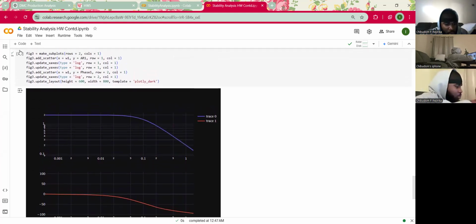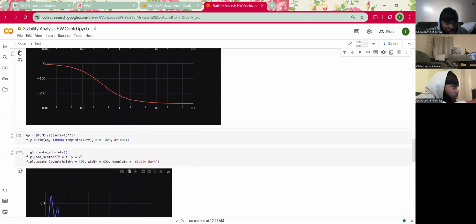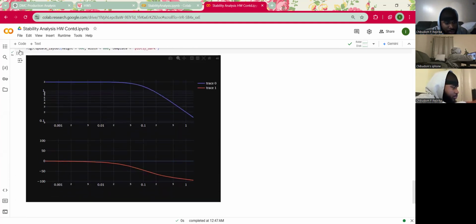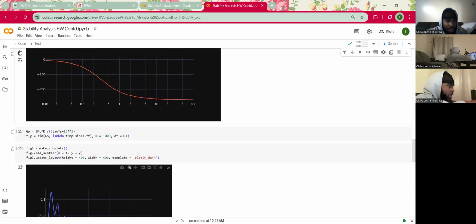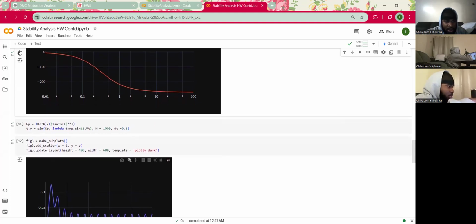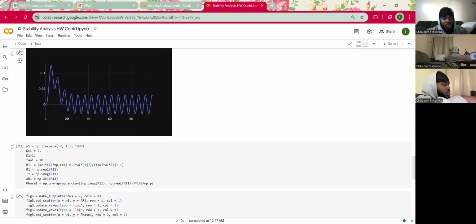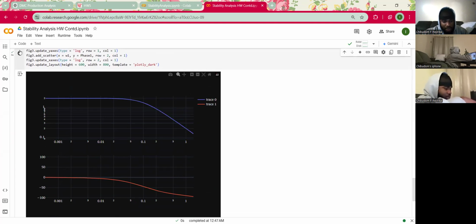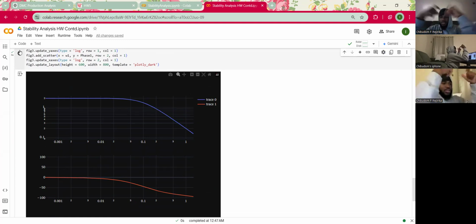This one is already past 200, but this one is just 100. So you can see the disparities that the time delay really causes.